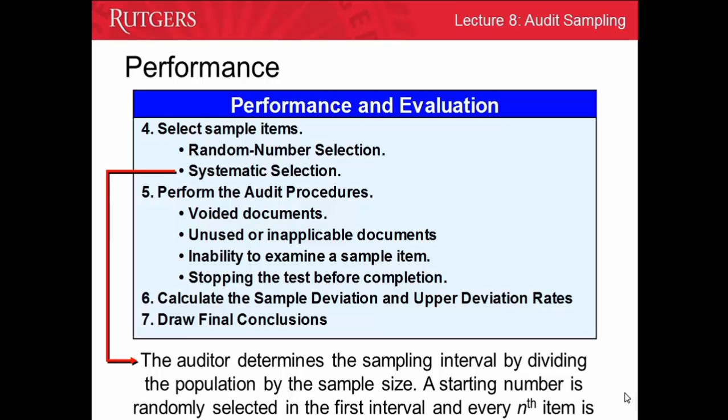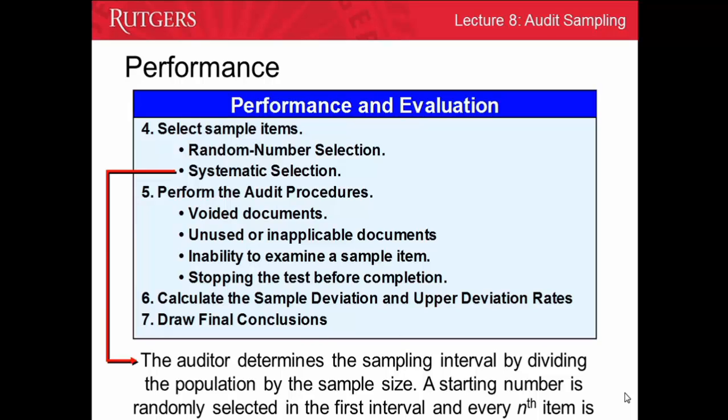For example, suppose the auditor wishes to select 100 items from a population of 15,000 items, numbered 1 to 15,000. The sampling interval in this case is 15,000 divided by 100, which is 150.